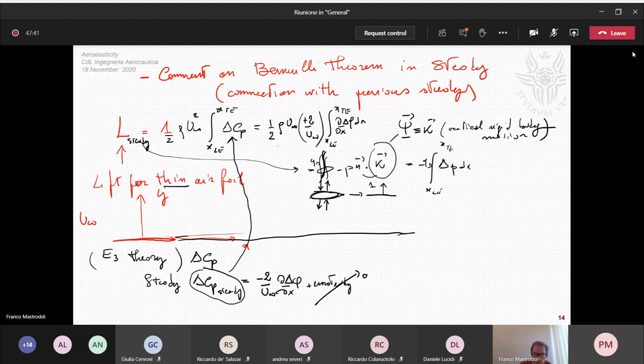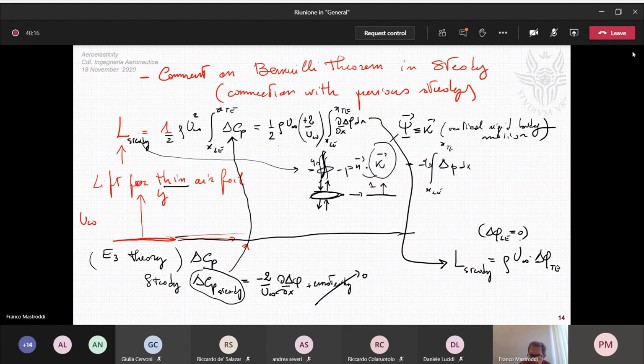And so we have L steady equal to rho u infinite times delta phi at the trailing edge, because delta phi at the leading edge is 0. Remember that delta phi at the leading edge is identically equal to 0.